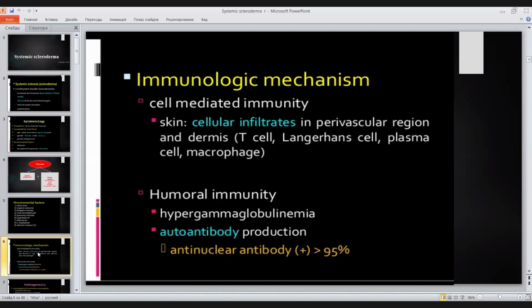That's why the first clinical manifestation starts from the skin, because as you know, the skin is rich in small arterioles and vessels.